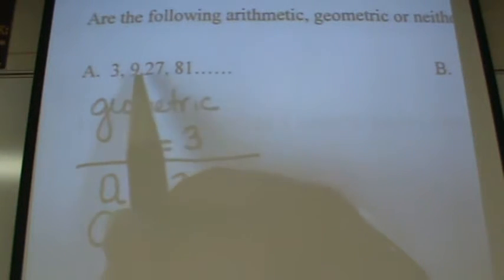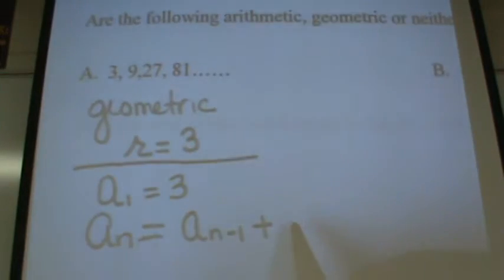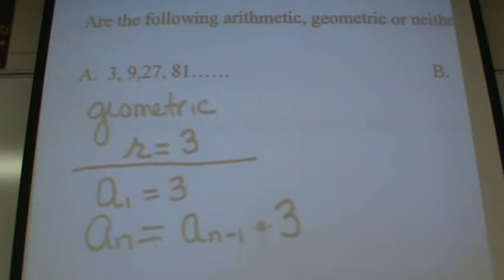How do you go from 3 to 9, 9 to 27? 3. You're multiplying by 3. So you take the previous term and you multiply it by 3.